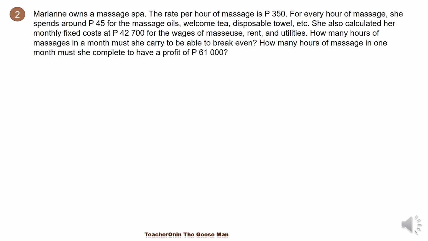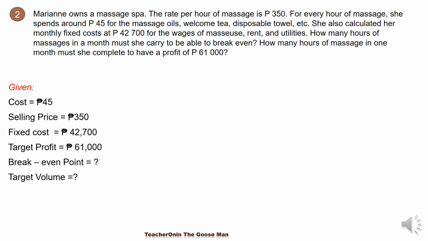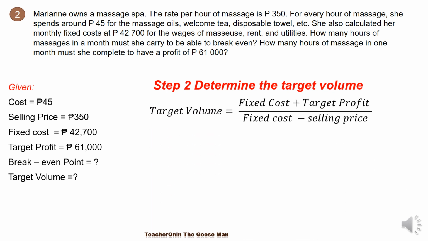Since we already determined the value of the break-even point, let's move on now to the second step, which is determining the target volume. Let's recall the formula for the target volume, which is fixed cost plus target profit divided by selling price minus variable cost.